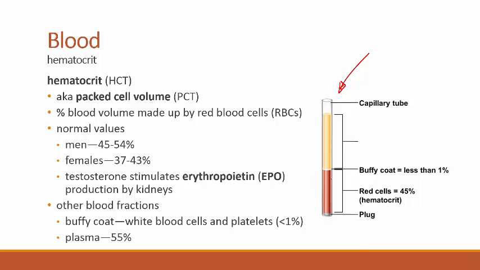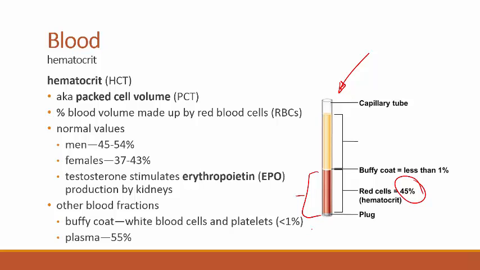And so we're going to drive the heaviest red blood cells toward the bottom of the capillary tube by spinning it in that centrifuge. And then you can measure. If you have 10 centimeters of blood and we measure that this is something like 4.5 centimeters, then that would tell us that we have approximately 45% red blood cells.